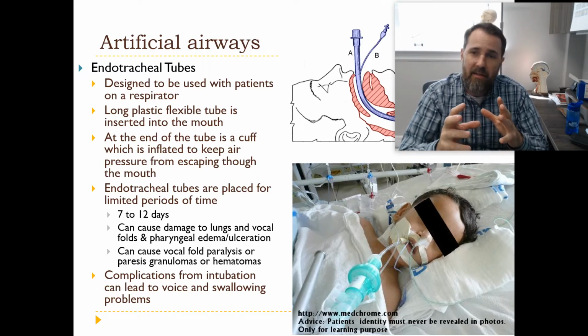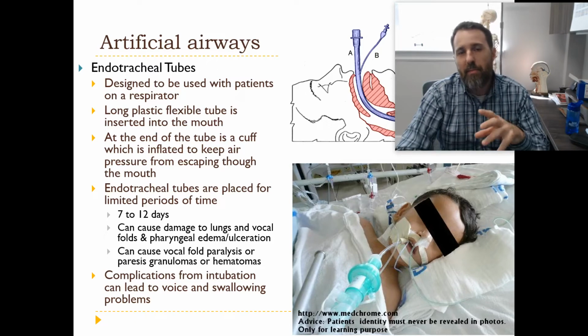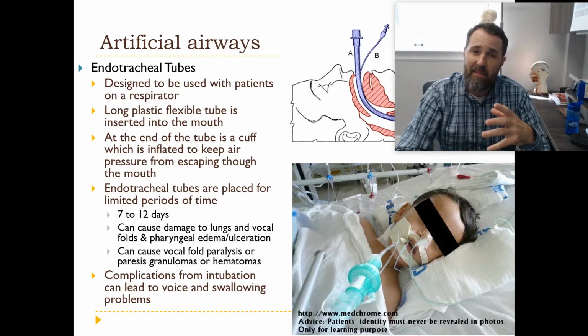It is designed so that you can put that person's body on ventilator support. These are usually put in place for a limited amount of time. This is a short-term solution to respiration, and it's usually done through the course of a surgery, as you saw in that video.